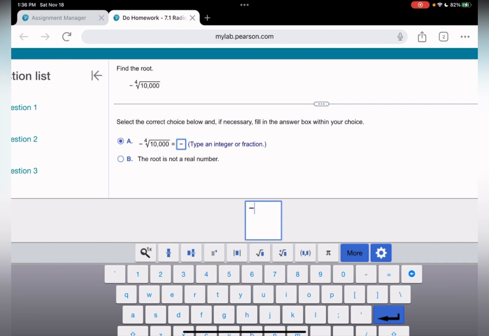This negative has nothing to do with this radical. Okay, how many zeros do we have underneath? 1, 2, 3, 4, which means I can represent it as 10 to power 4, which is going to be purely 10, with no other degrees coming out.